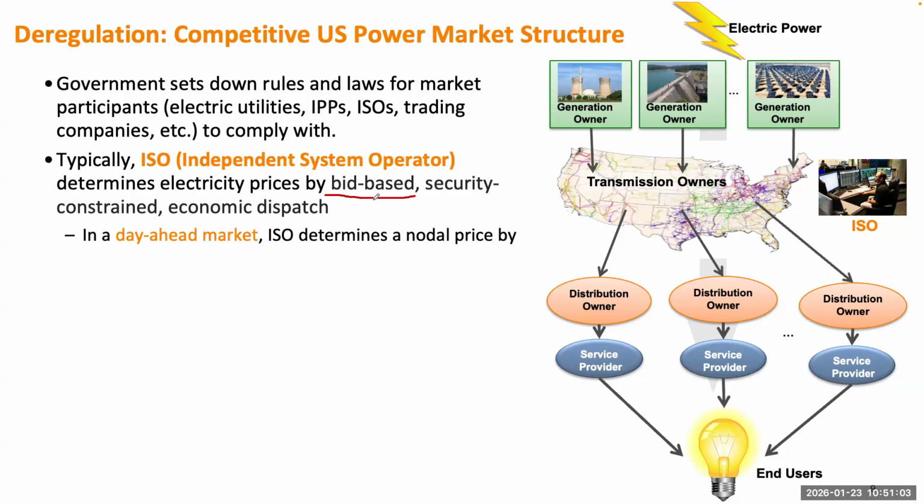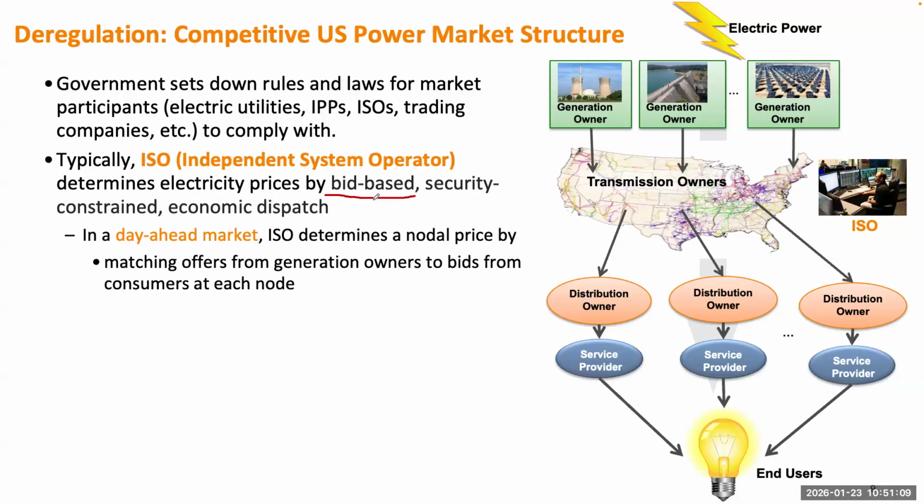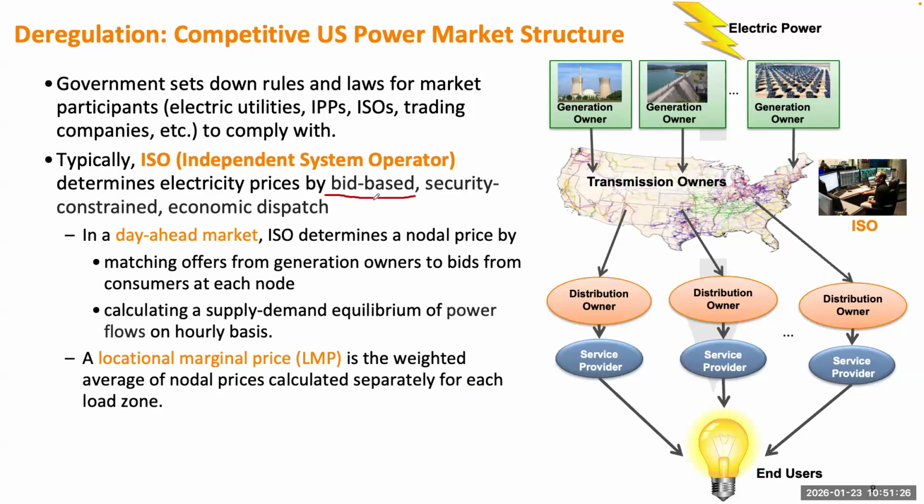The ISO will determine a nodal price at each location in a day-ahead market. They try to match offers from generation owners to bids from consumers at each node. They calculate a supply-demand equilibrium of the power flow on an hourly basis. They determine the price at least on an hourly basis.